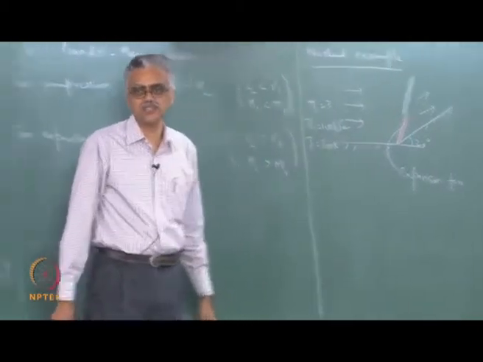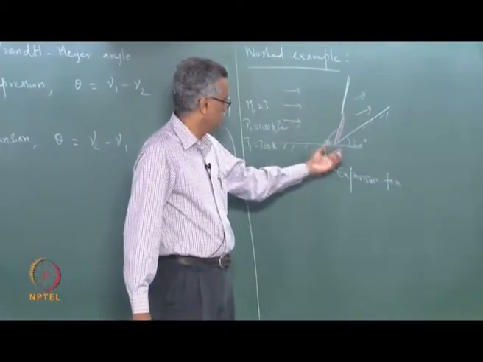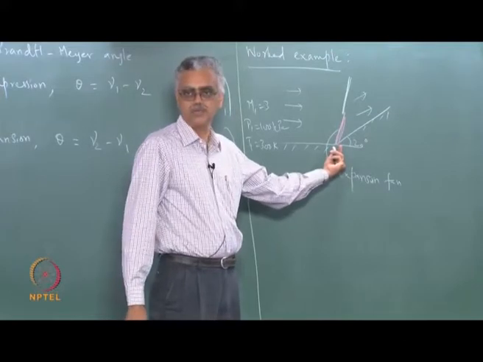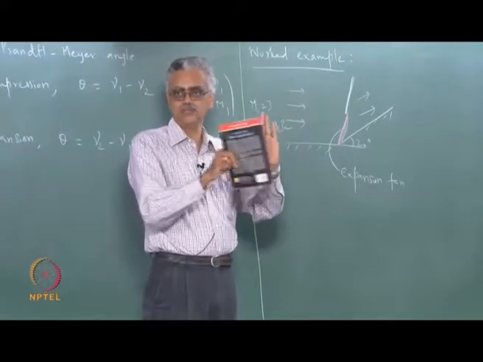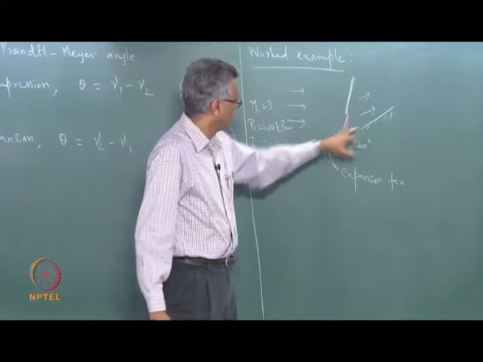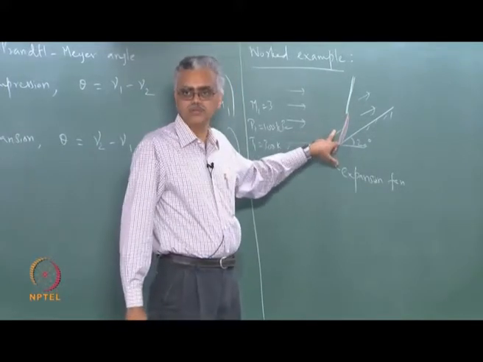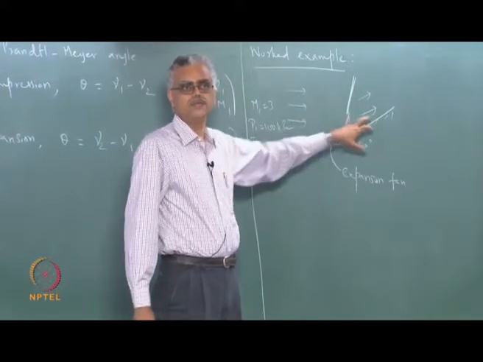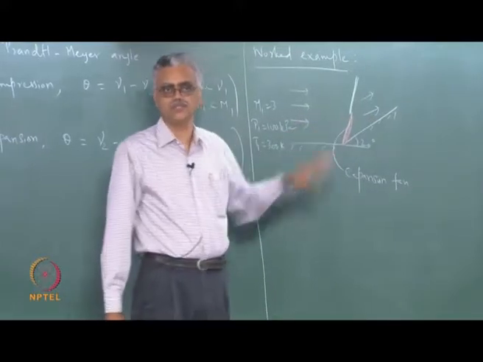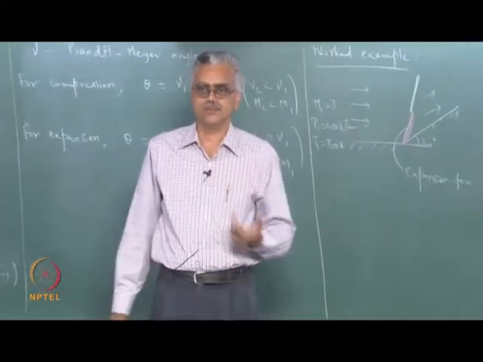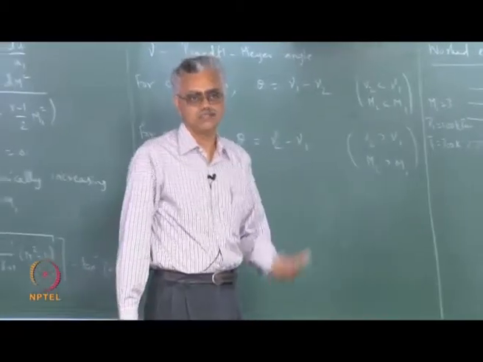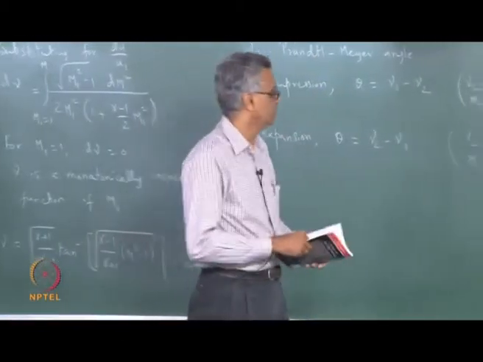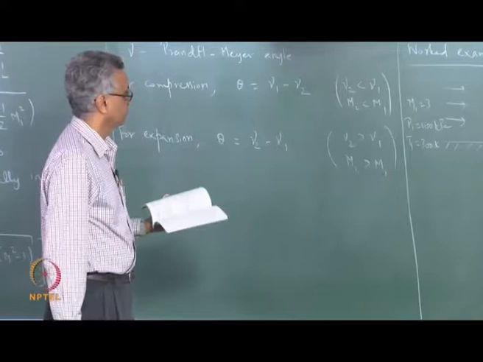It's a compression process, but as we said, as the corner becomes sharper and sharper, the fan coalesces and becomes smaller and smaller. Eventually the whole thing will become an oblique shock, but what we are trying to do is to see how the compression process would be had it been isentropic. Let's say it's a small radius of curvature. Instead of being a sharp corner, there is a small radius of curvature. What is the process going to be like?